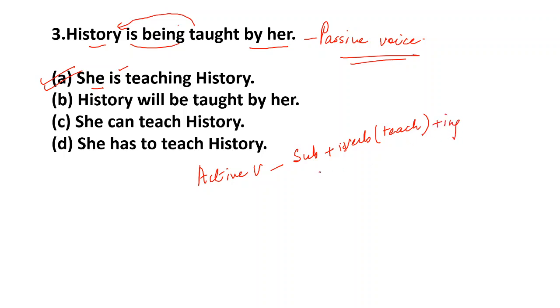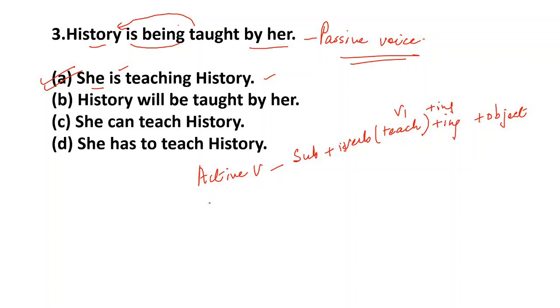This is the continuous tense. Subject plus is, of course the helping verb, plus verb is teach. The V1 has to be there, plus ing form, plus the object. That is, this is the active voice. She is teaching history. So it is very simple.